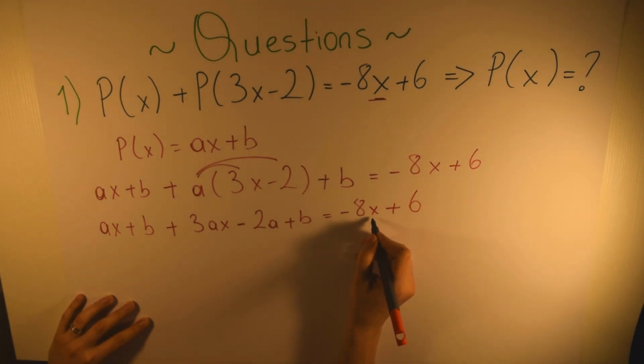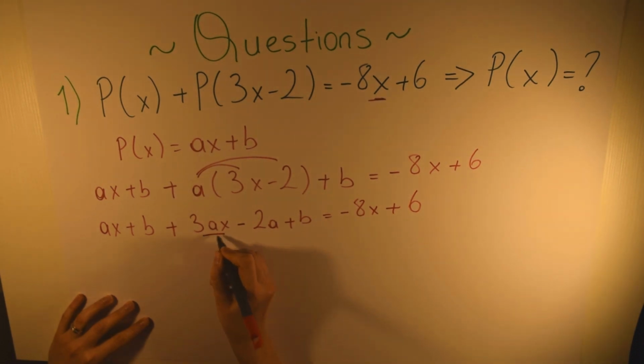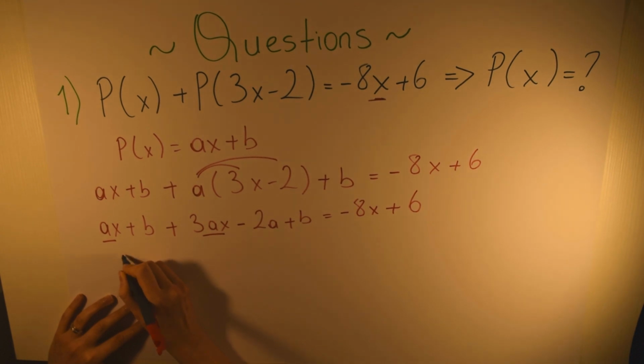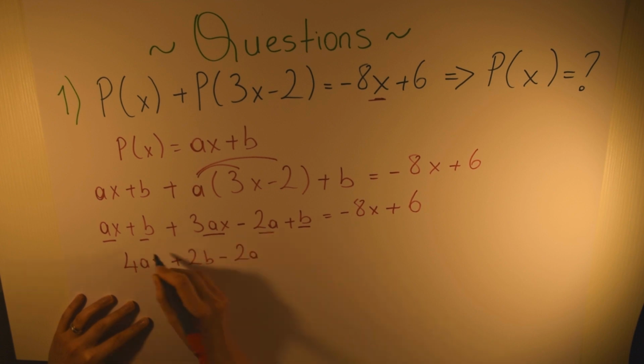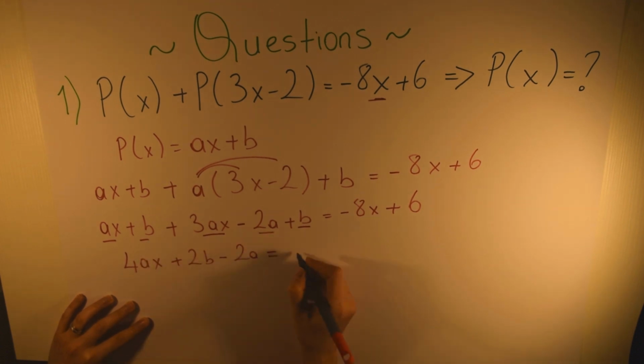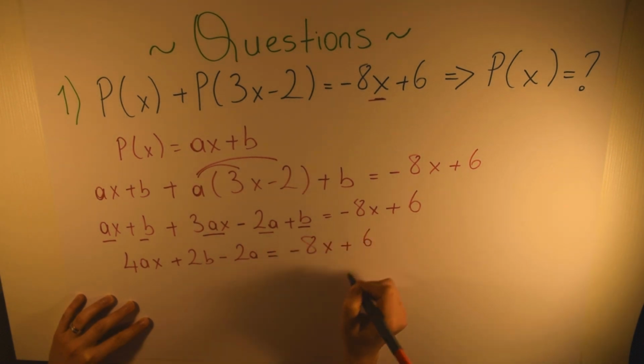Here we have 3ax and ax, so it will make 4ax, and then b and b makes 2b minus 2a, right? So this is equal to minus 8x plus 6.